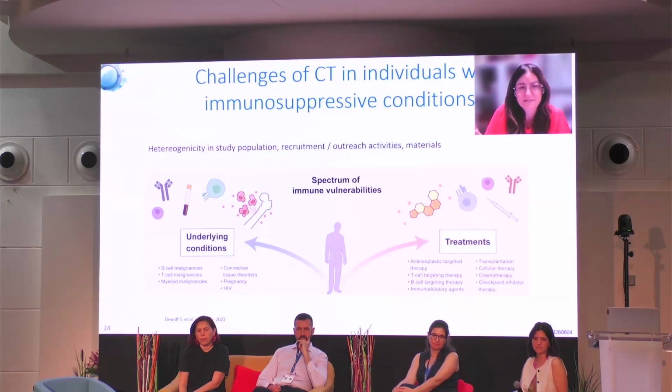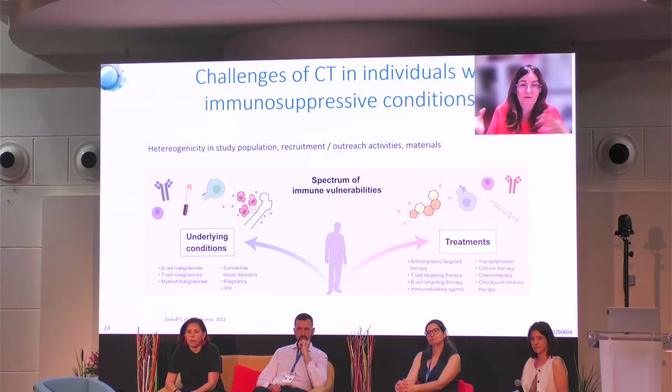And why are those clinical studies challenging in adults or in the pediatric population as well, living with immunosuppressive conditions? Well, because there's a lot of heterogeneity between these conditions. You can have an underlying condition by itself, an inborn condition.